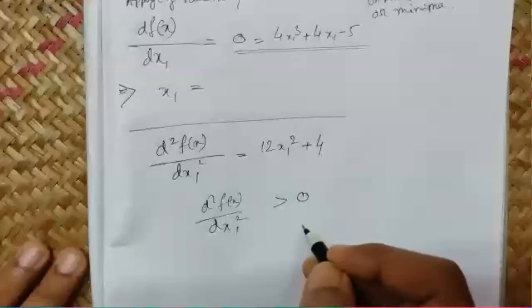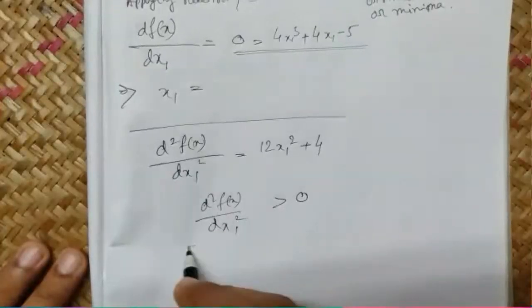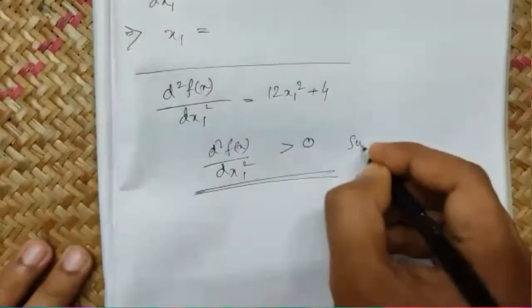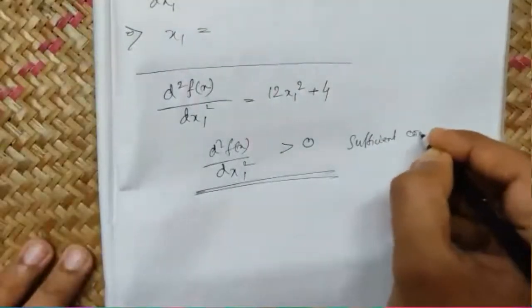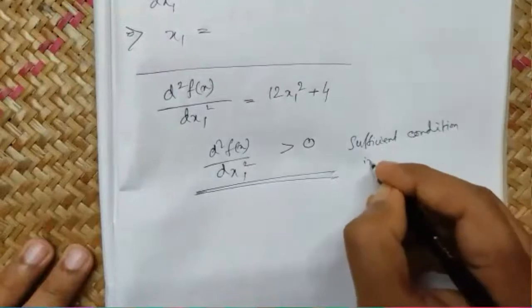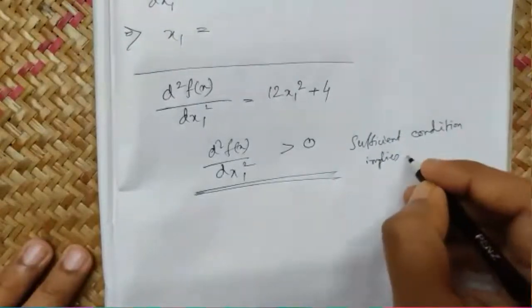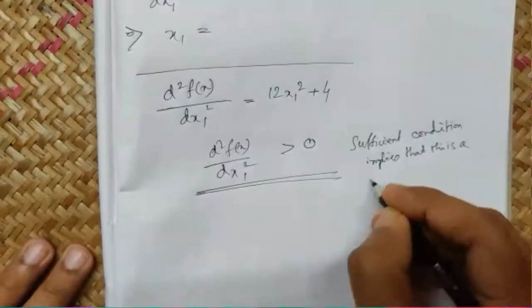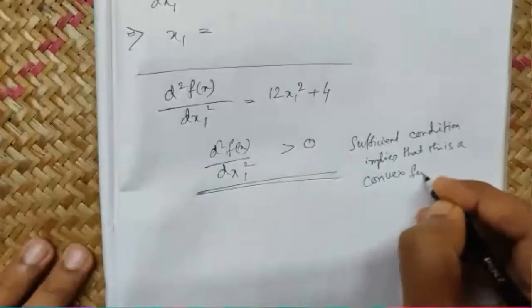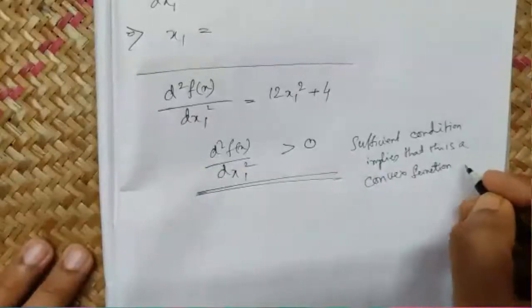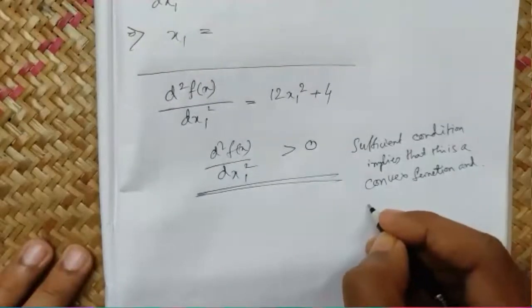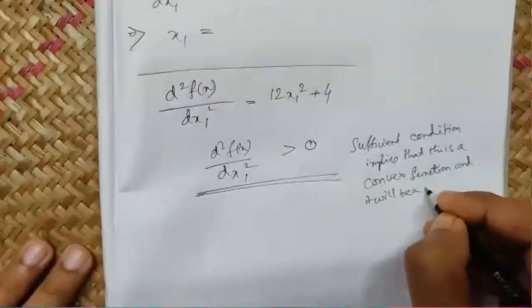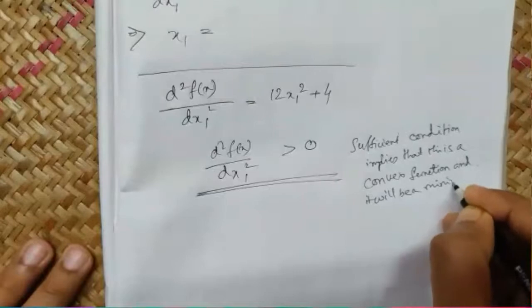So that's why this sufficient condition implies that this is a convex function, as we have discussed, and it will be a minimum.